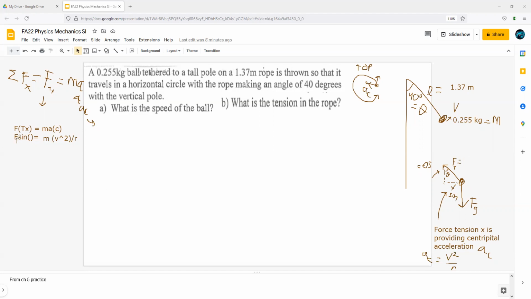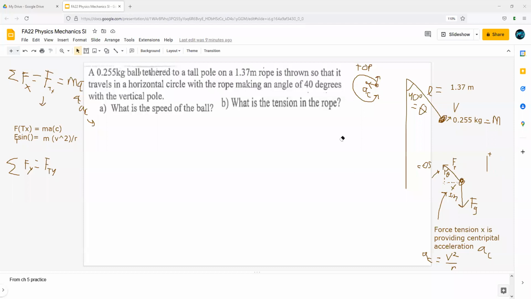Let's see here. So then you're gonna look to your forces on the y-axis. You have your Fty in the positive direction, because we're defining this as positive. And then you have your Fg.